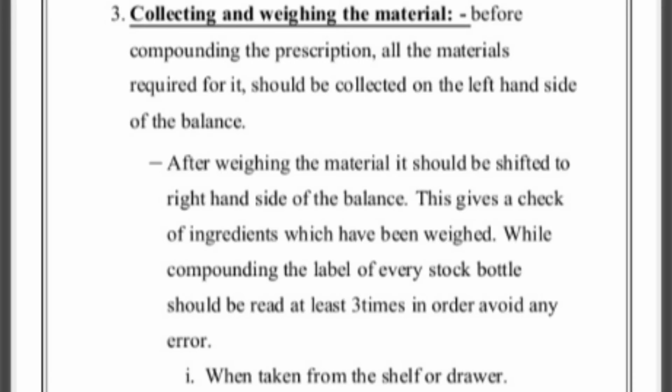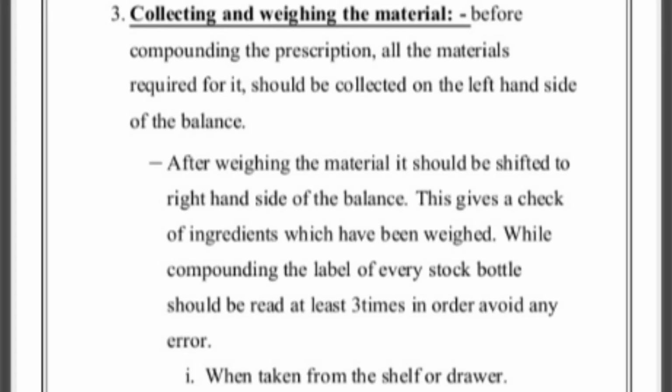Now, third one is collecting and weighing the material. Before compounding the prescription, all the materials required for it should be collected on the left hand side of the balance. After weighing, the material should be shifted to the right hand side of the balance.